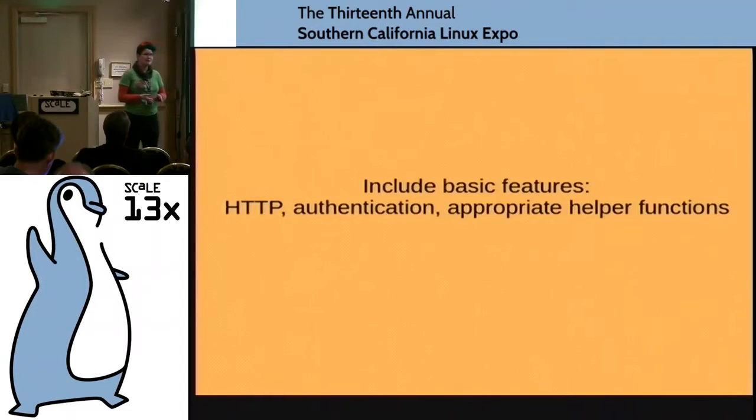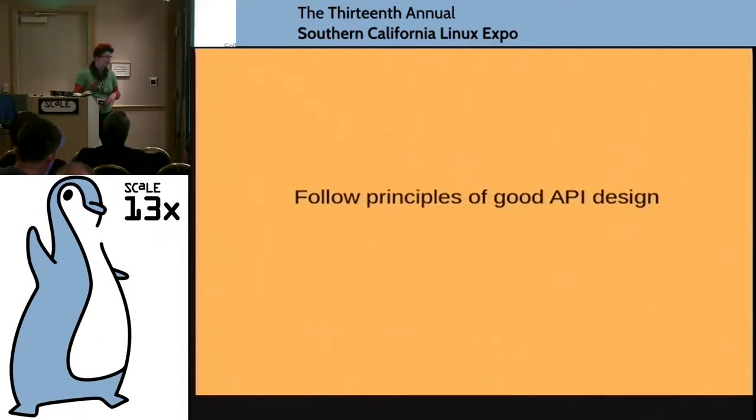You should have appropriate helper functions to handle the response in a way that's consistent with the language that you're using. It should follow principles of good API design, because when you write a client library, you're putting an API on top of another API. So API design principles apply to you as well.